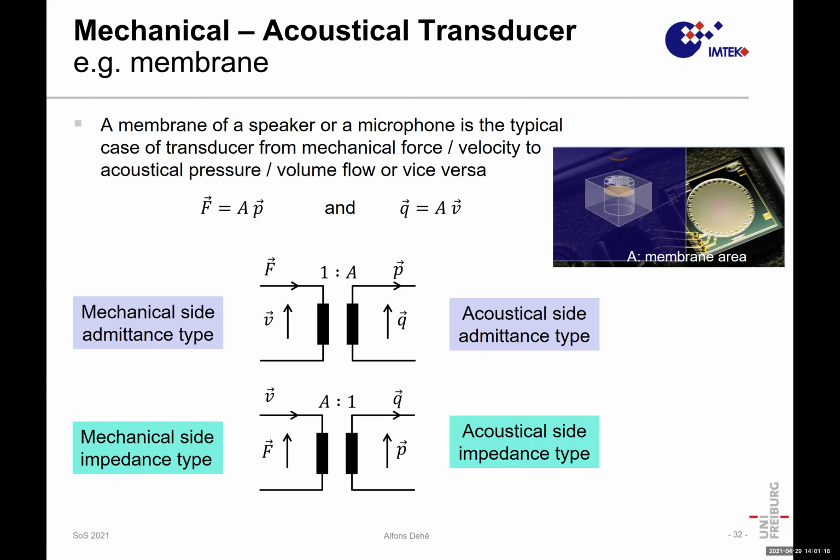You can do this on impedance as well. So we have velocity transferred into flux and force transferred into pressure, as we had it very often. So those elements are available also in circuit simulators if for some reason you don't want to transfer the elements into the other domain. So you connect the different domains to each other.